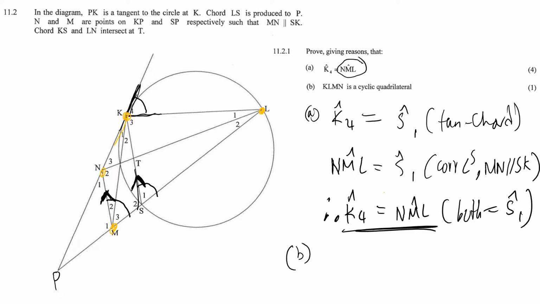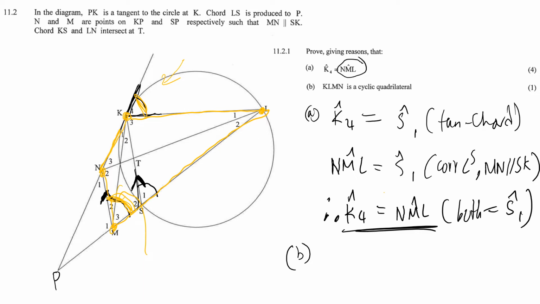So they want us to prove that that quad is actually a cyclic quad. How can we prove that? We have just proven that angle K4 is equal to angle MNL. And you can see that that is an exterior angle of a quad, equal to the opposite interior angle.